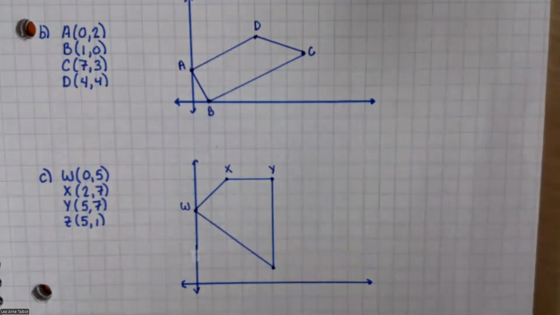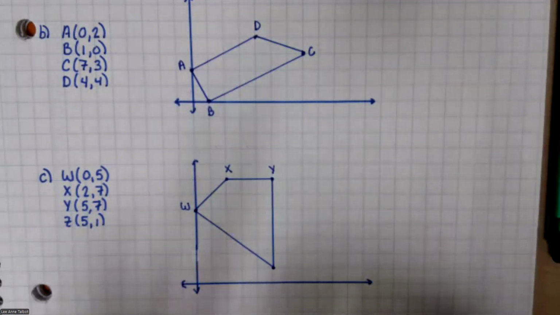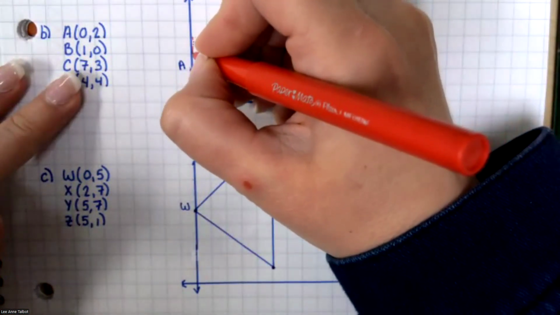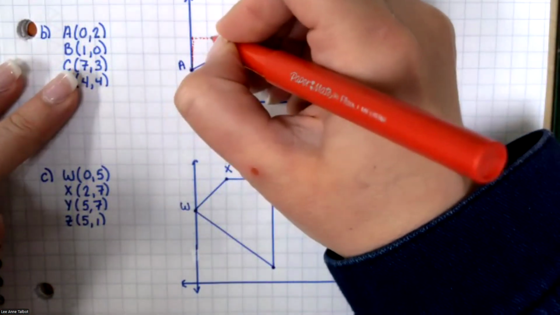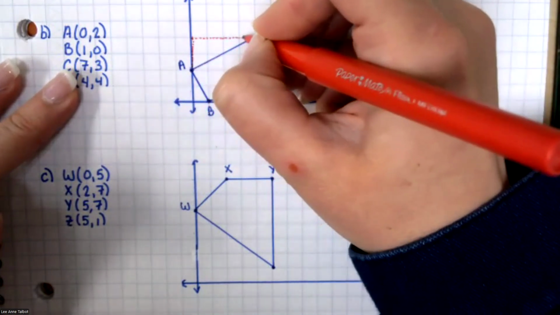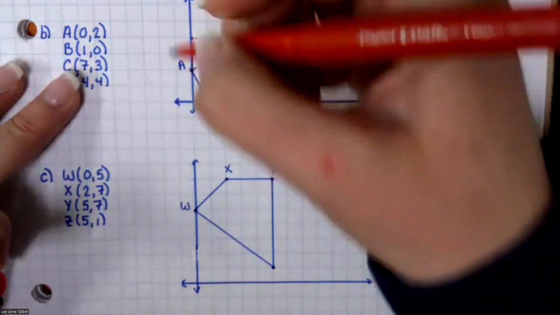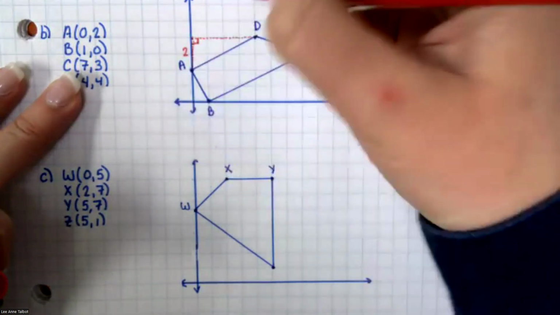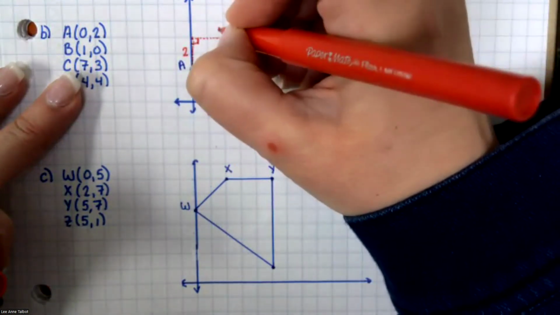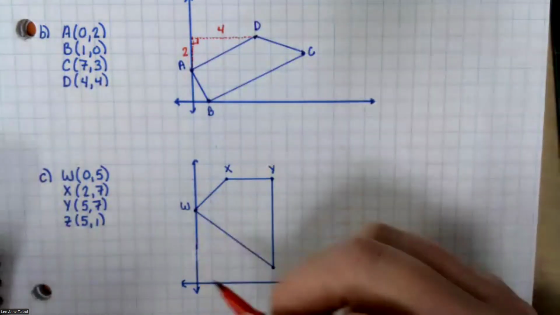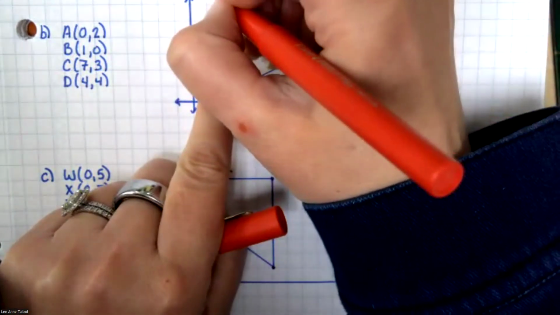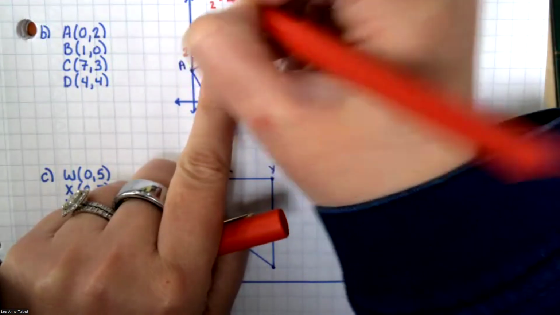So we're going to find the slope of the things that we think might be parallel. I'm going to just draw this in here. This is 2. That's 4. So the slope on this little piece is rise over run, which is 2.